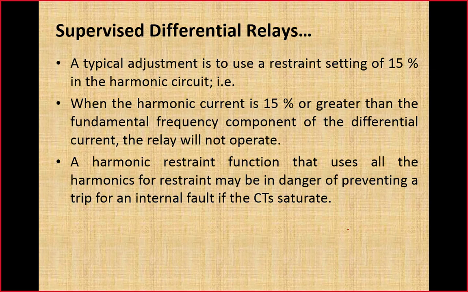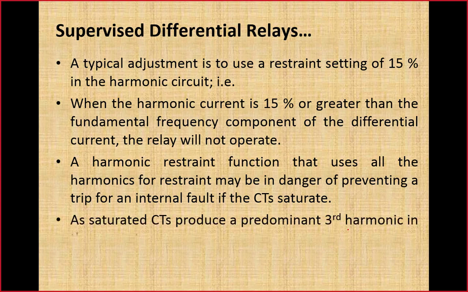So due to this reason, we will have to make sure that the relay is tripping during an internal fault and CT saturation, and the relay is not tripping when we have energization of the transformer or we have overexcitation. So now, due to this reason, we will have to use selective harmonic for restraint application.